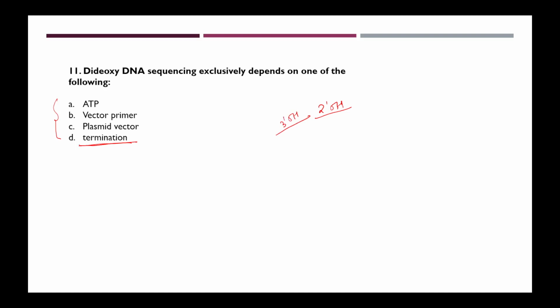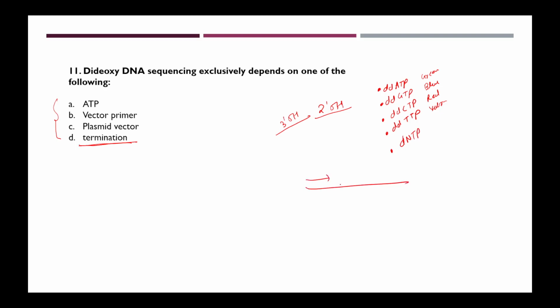In sequencing you give primers and allow the elongation of that chain, and you give dideoxy nucleotides with different tags: one will be green, one blue, red, yellow, different colors. You give normal dNTPs as well, and allow the sequencing to happen.